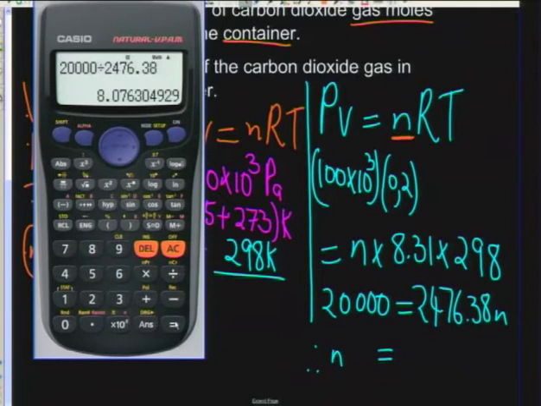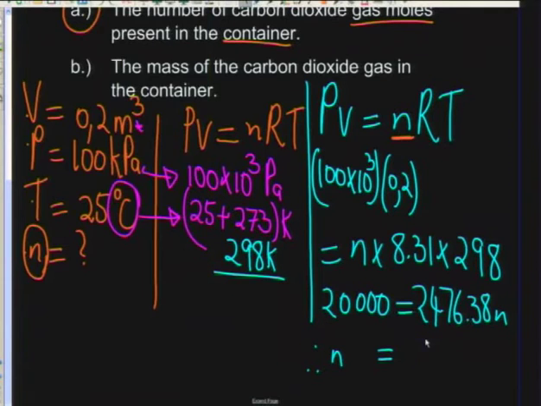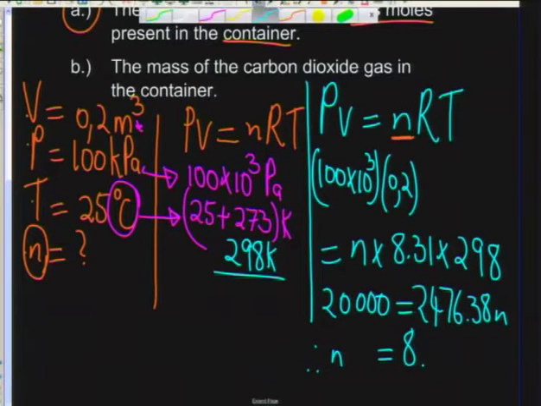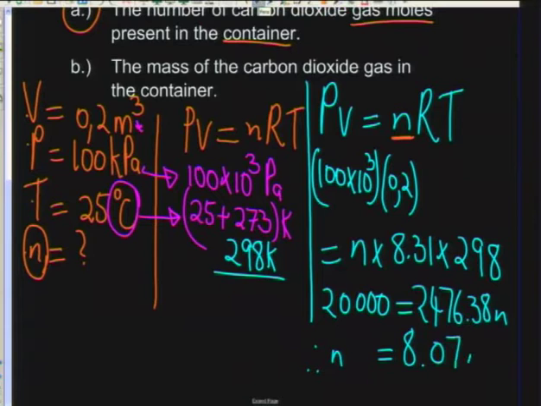What do I have? I have the number of moles being 8.07 moles. Okay, so I can have the number of moles like that. And if I have the number of moles, I come to question number B here.